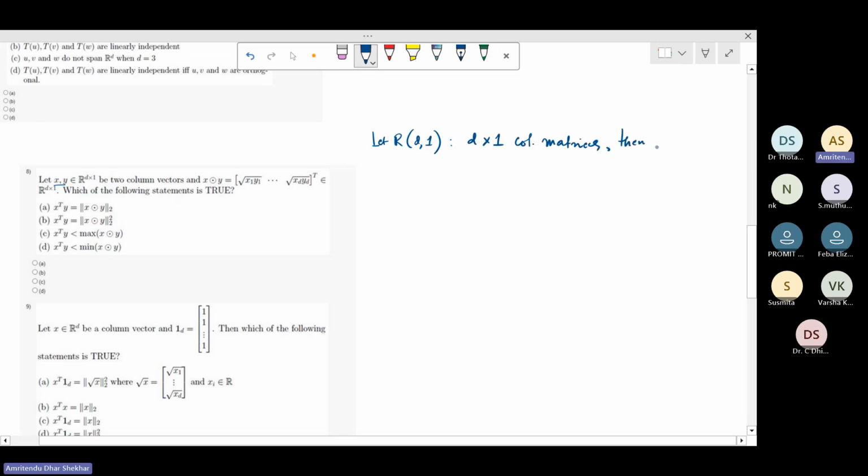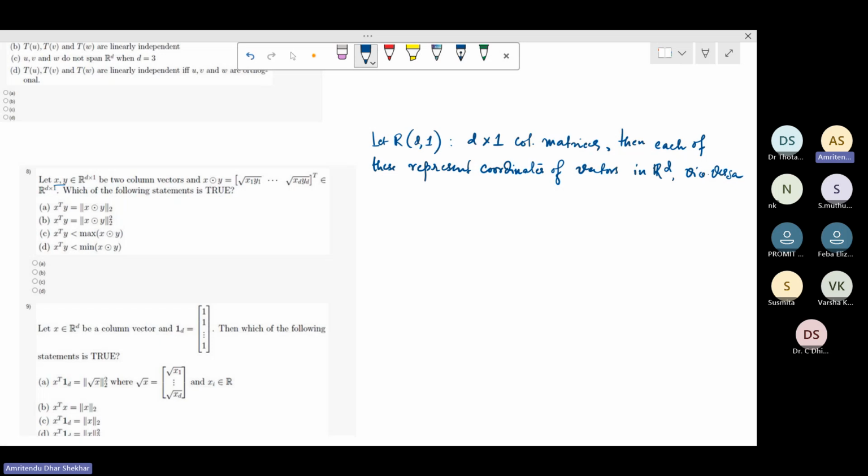Then each of these represents coordinates of vectors in RD, and vice versa. We're going to use this interchangeably. Sometimes we're going to write this as column matrices, sometimes we're going to just treat them as vectors in RD, and vice versa.